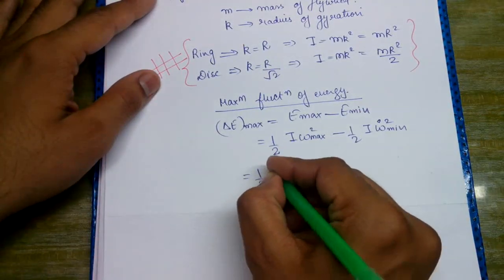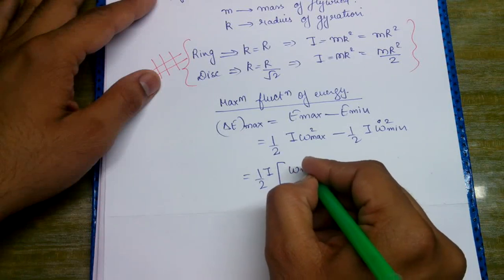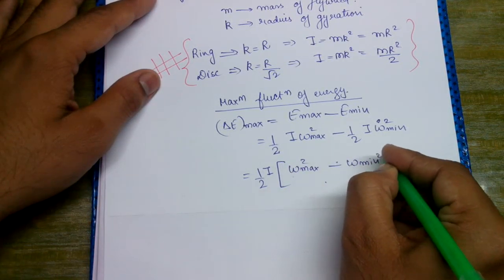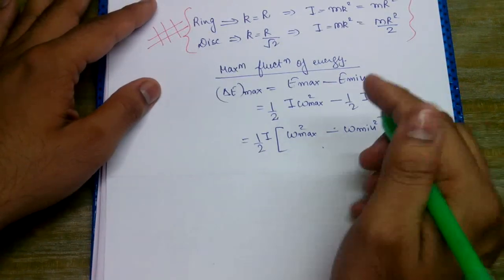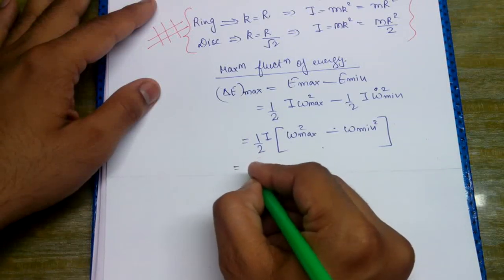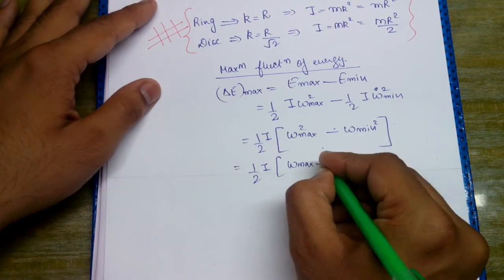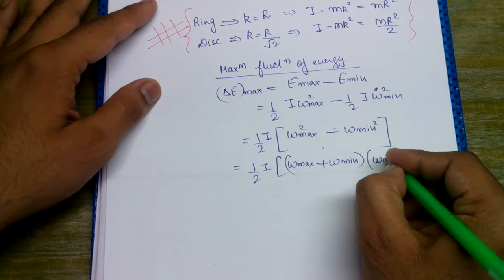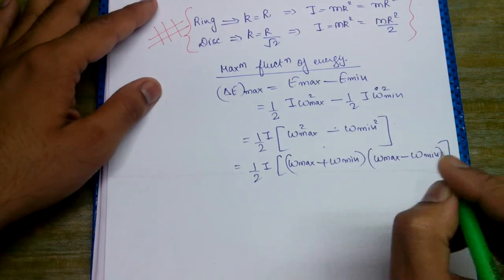We take half I common, and we have omega max square minus omega min square. Now we apply the formula a square minus b square, and we obtain 1 by 2 I into omega max plus omega min into omega max minus omega min.